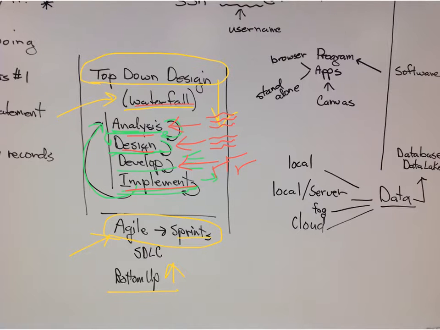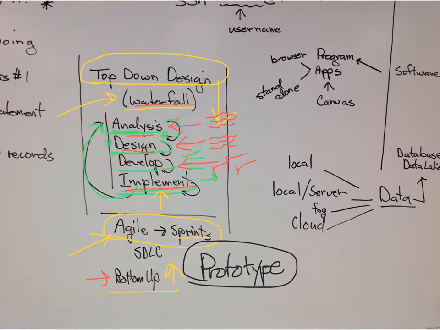For a database, you might want to try to do it bottom up, in which you get part of the design done, and then you try to implement part of it right away. So more or less you create, we'll use the term, a prototype. You create a prototype and then you test it and see how that works.